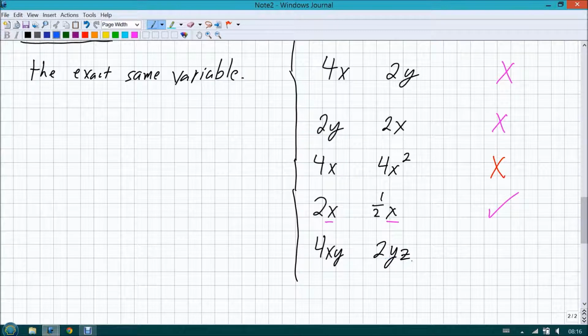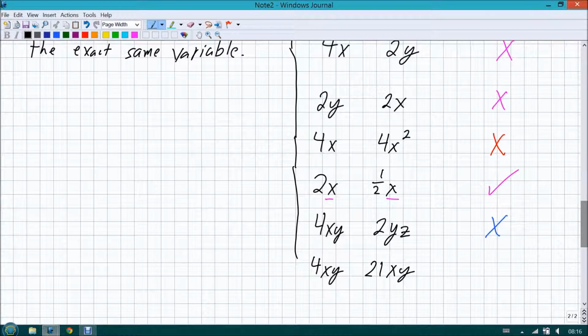Because of that, they're not like terms. But what if we had something like 4xy and 21xy? Well, the variables are the exact same thing in both cases, xy and xy, so these would be like terms.